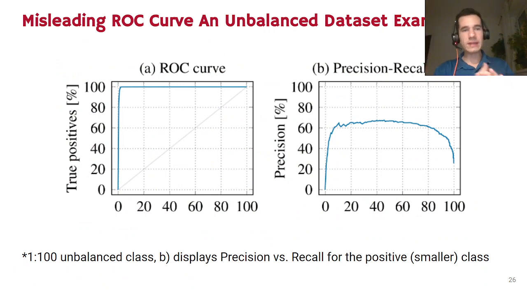Here is an example of how a ROC curve can be misleading on an unbalanced dataset. Here is a 1 to 100 unbalanced class, so there is one element for 100 elements of the other class. We have a model with this ROC curve.